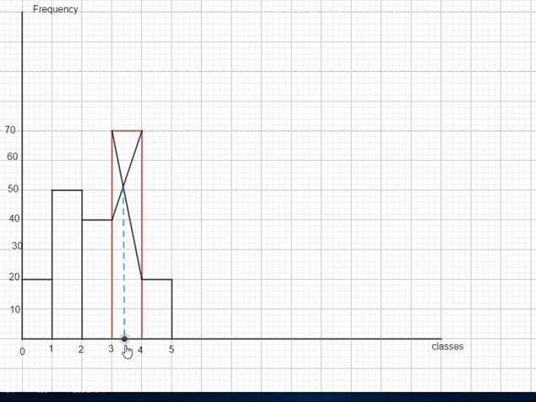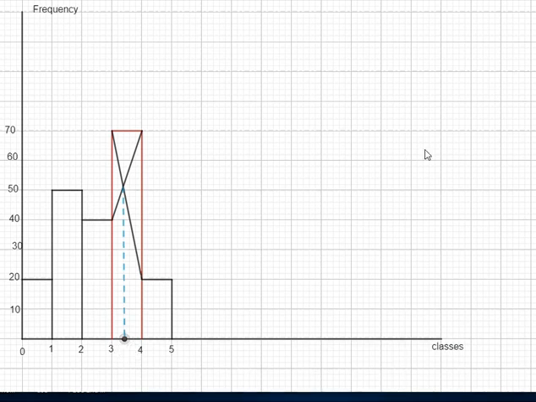Now you give an approximation of this point. This point is the mode because it's located in the modal class. Here the modal class was 3 4, and the x coordinate of this point is the mode. So it's about 3.3 as you can see here.